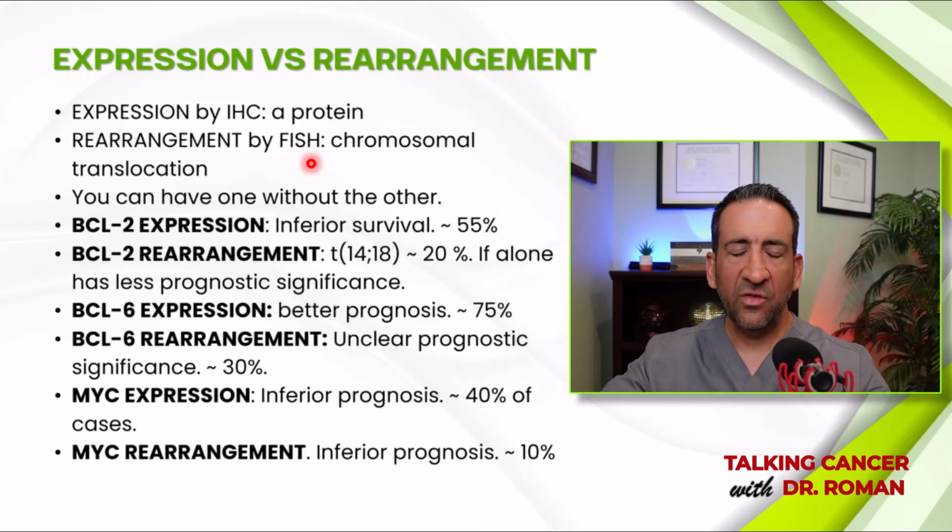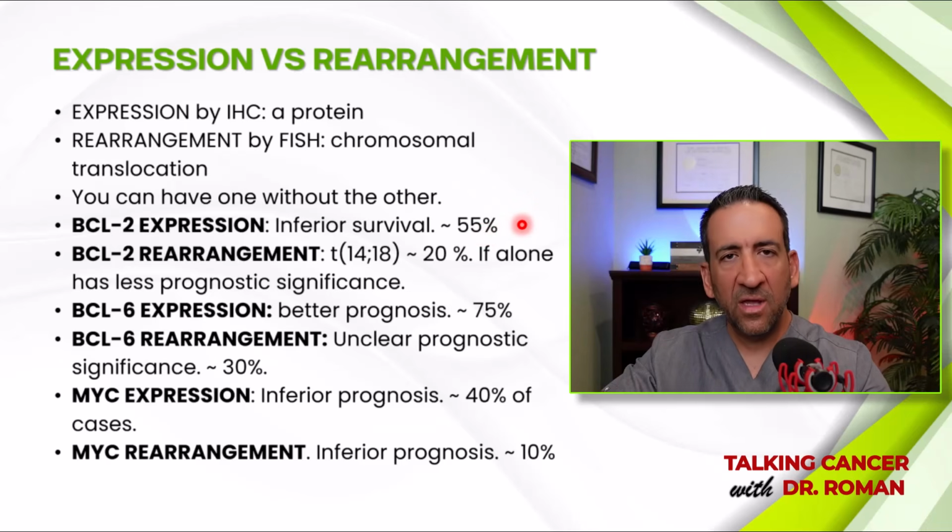All right, now let's get into it. There are three proteins that we are going to look at, and these include BCL2, BCL6, and MYC. When you are talking about expression, looking for the protein, you can have the BCL2 protein, so you will be said to have BCL2 expression. Again, this is not good. BCL2 is not good, inferior survival, and it is seen in about 55% of diffuse large B-cell lymphoma patients.